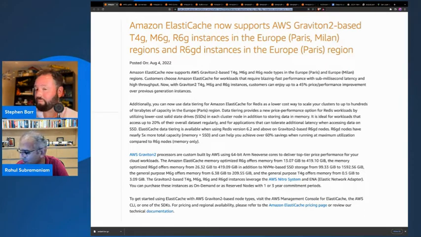I think what I heard was that over 50% of the processors that they're actually deploying in all the different data centers are Graviton processors, split right now between the Graviton 2 and the C7Gs, which are the Graviton 3 processors. But I think the rollout is huge.